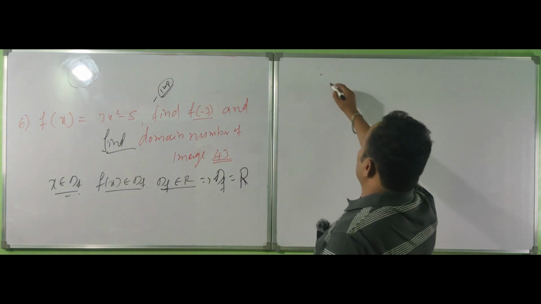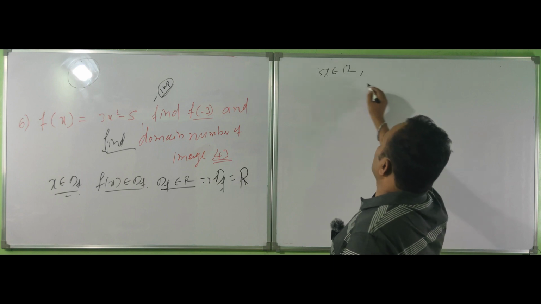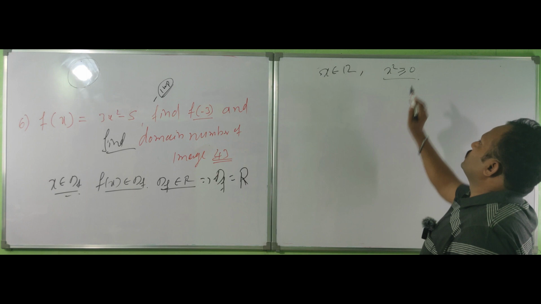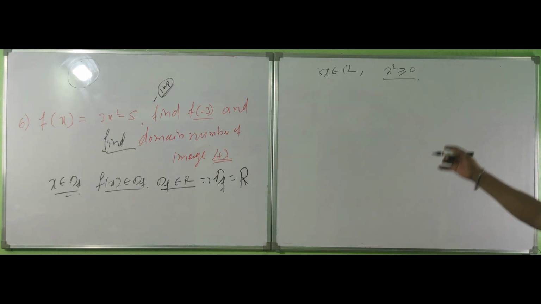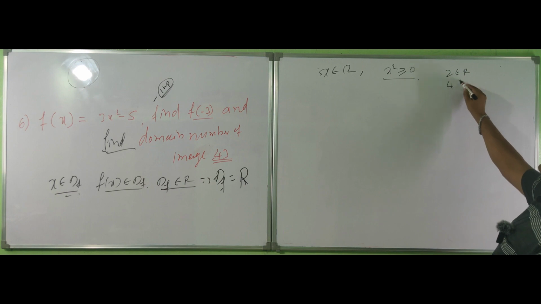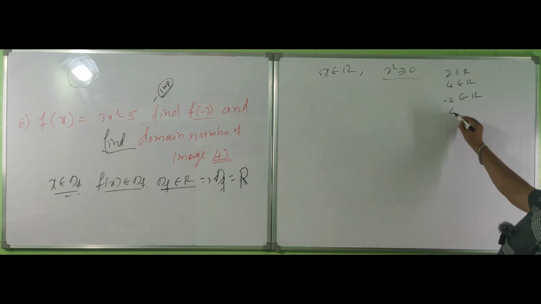If x belongs to real numbers, then x square must be greater than or equal to 0. Take any number: if 2 belongs to real numbers, 4 also does; if minus 2 belongs to real numbers, its square 4 must be greater than or equal to 0.